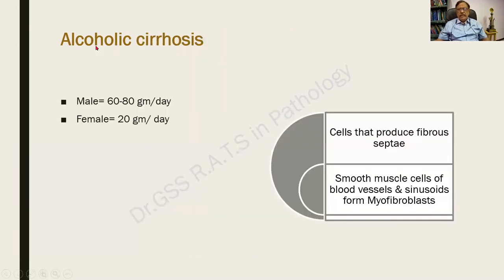The third one is the cirrhosis. As I told you, steatosis or fatty liver, hepatitis, and cirrhosis. Alcoholic means 60 to 80 grams of alcohol per day in male and 20 grams in women. And when this is going to be persistent, there will be what is called alcoholic cirrhosis.